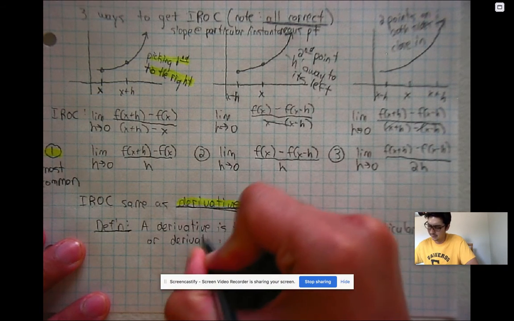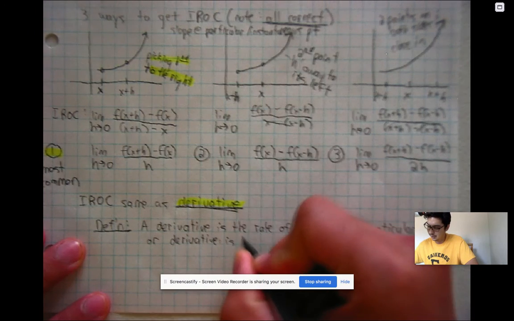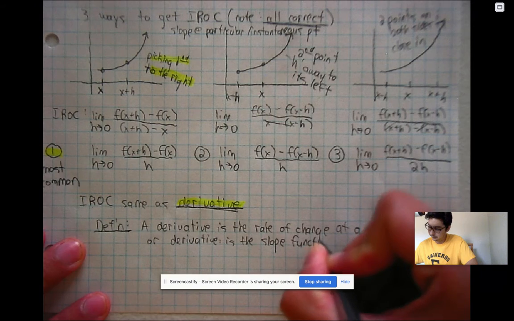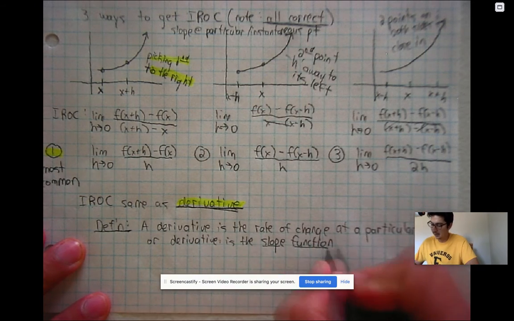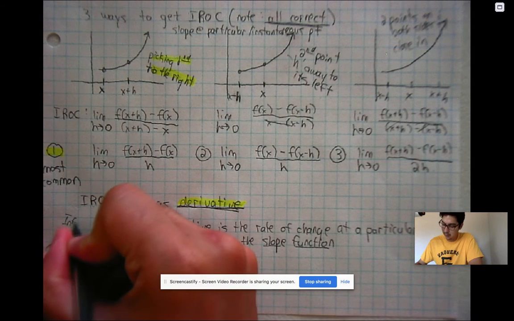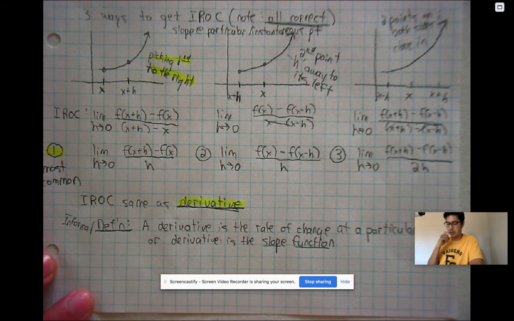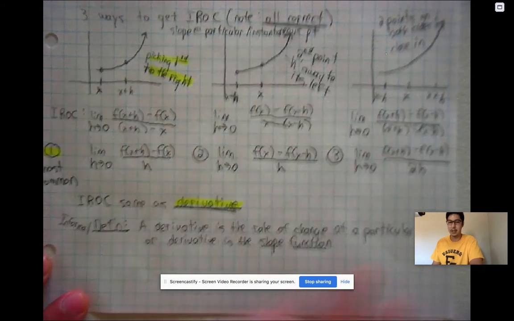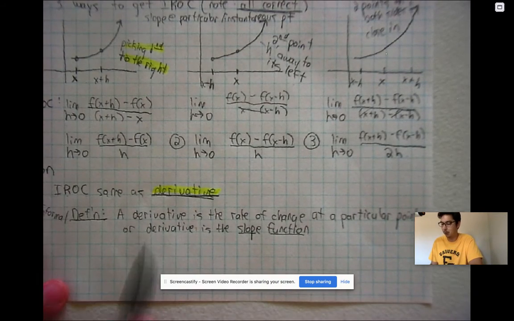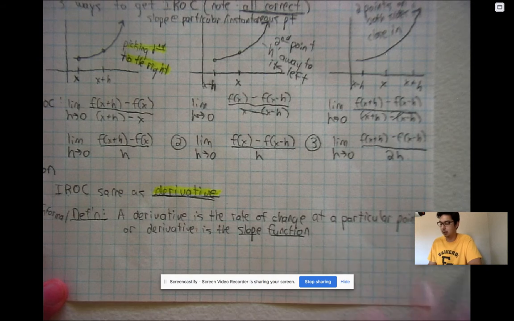Another word you can think about is the slope function. It's the same thing as the slope function. All right, that's another way of saying it. So this is an informal definition, not necessarily the formal definition, but just helping you understand what derivative is. It's the rate of change at a particular moment. That's why it's the same as IROC, or the derivative can also be known as the slope function.